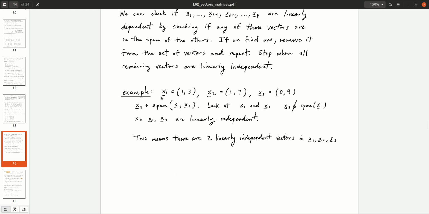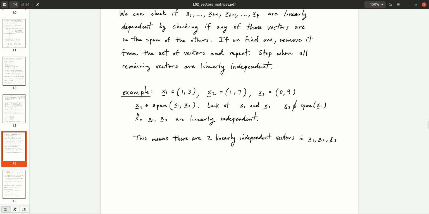So we have three vectors, x1, x2, and x3. The way the process works is we look at this set of three vectors and see if we can find one of them that we can write as a linear combination of the other two. For this example, it turns out that you can write x1 as a linear combination of x2 and x3, or x2 as a linear combination of x1 and x3, or x3 as a linear combination of x1 and x2.